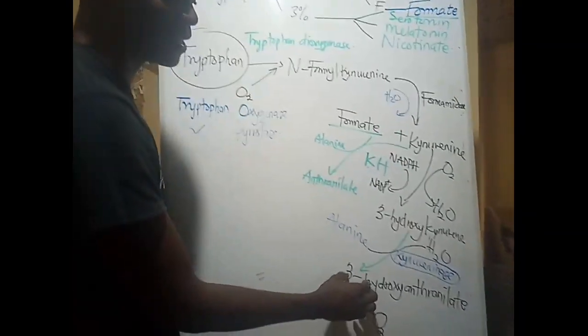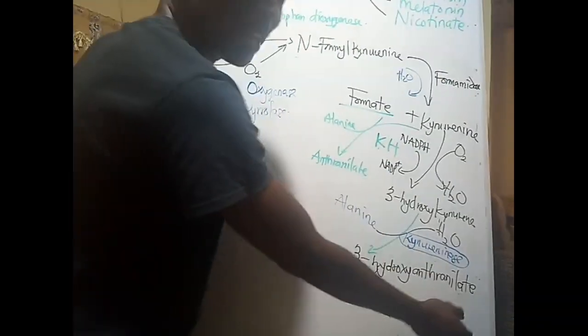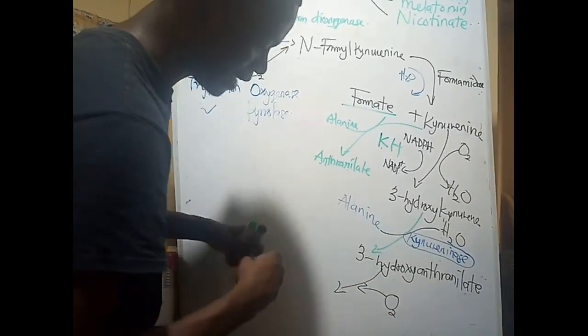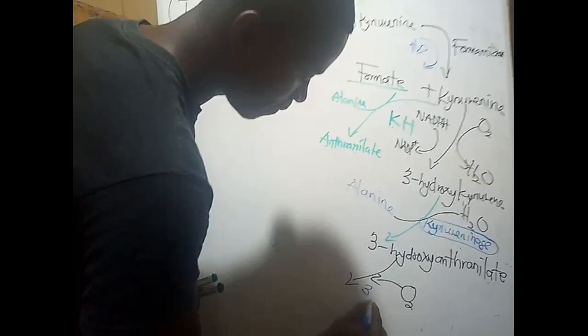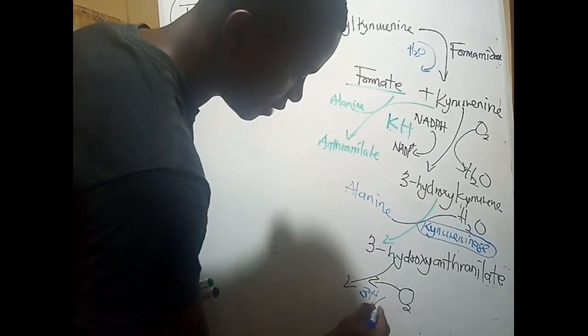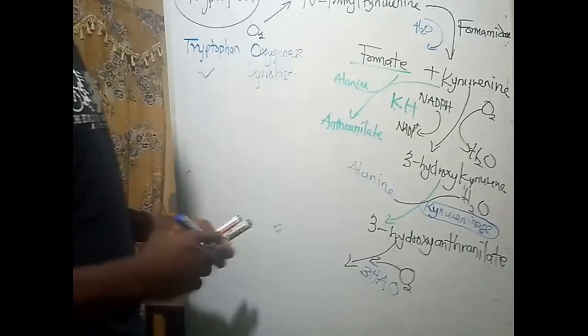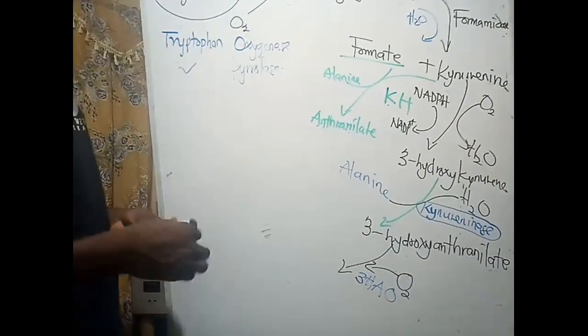Remember, same name from our parent molecule. So the name is 3-hydroxyanthranilate and an oxidase, because it's an oxidase. So the enzyme's name is 3-hydroxyanthranilate oxidase. Now, what molecule do we produce?